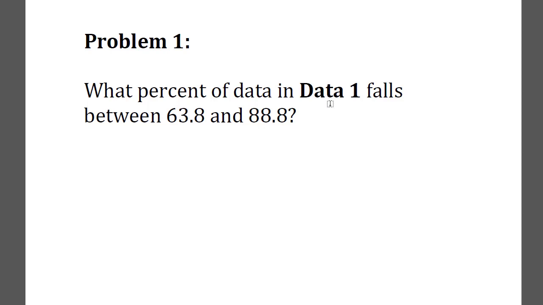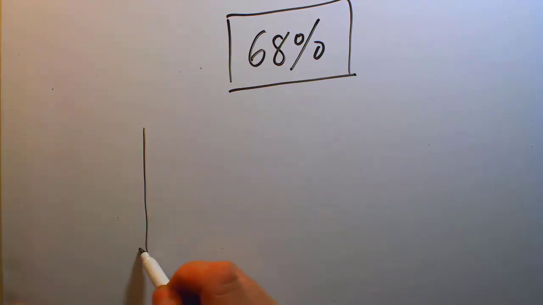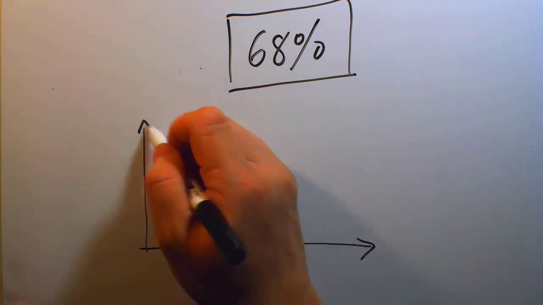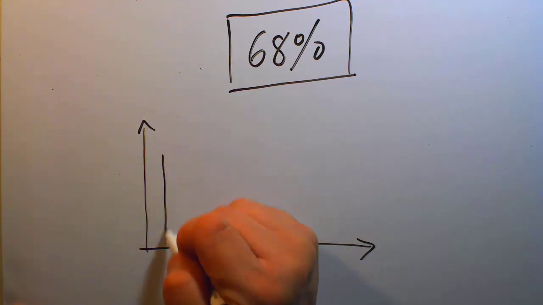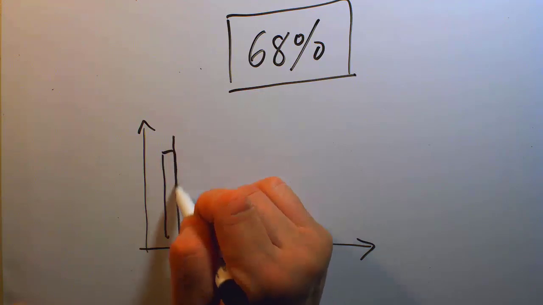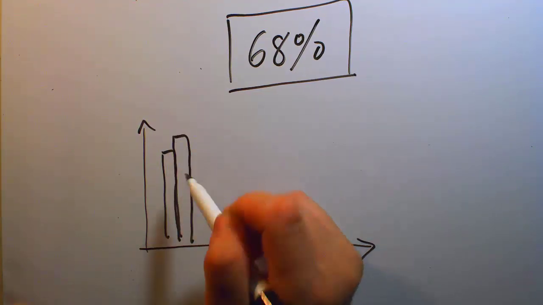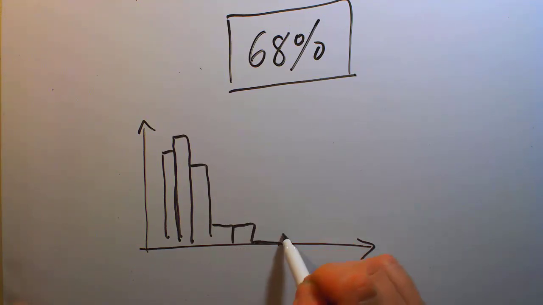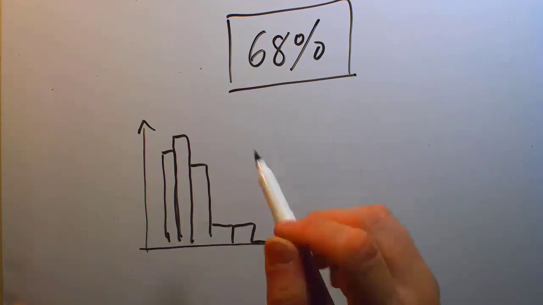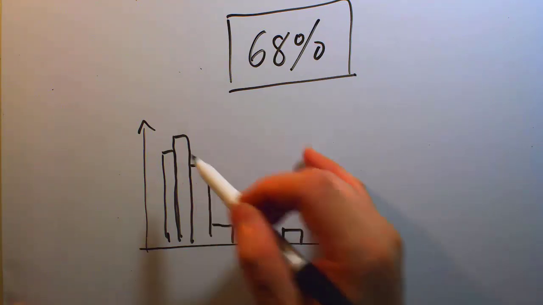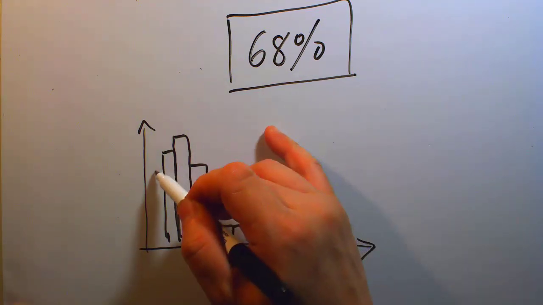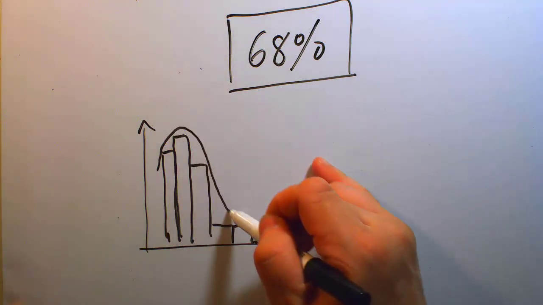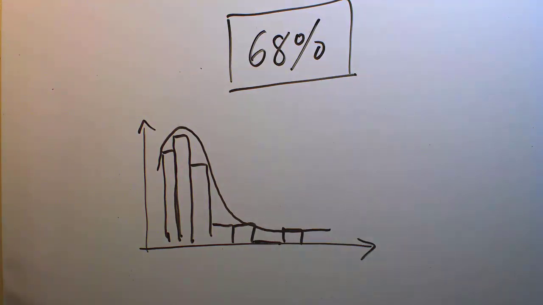It was a short, small data, and let's look back at my writing board right here. Let me remind everybody about the histogram of our data 1. It kind of looked like this. There's a column, and then there's a higher column. Then it goes lower and really lower, and kind of dies out, and then resurfaces. So that is the histogram for data 1, and you can quickly reconstruct it. The picture itself, even though it's pretty small data, can already tell that it's not a normal distribution bell curve.